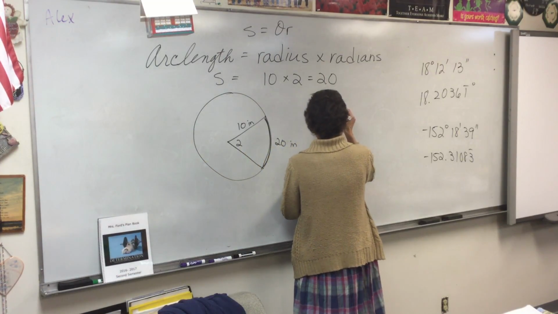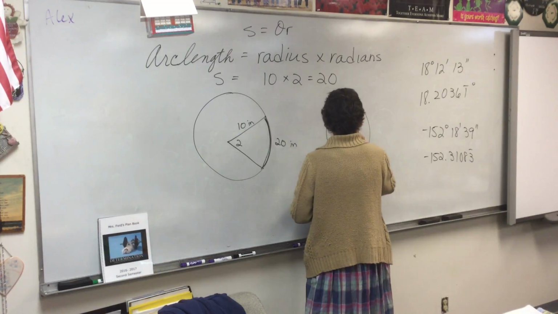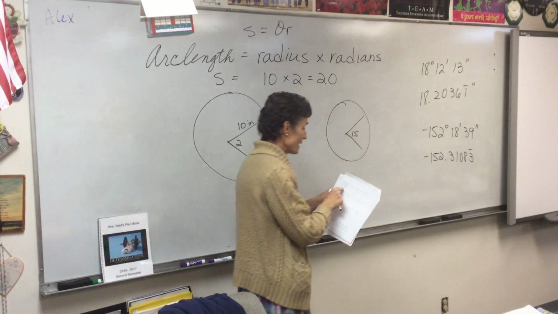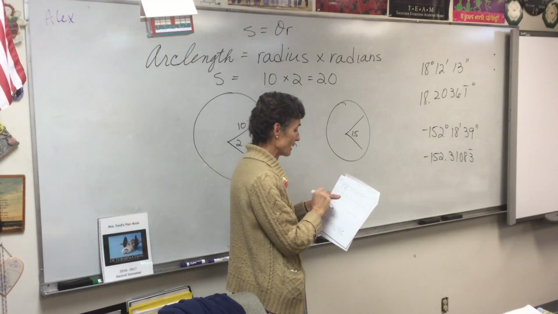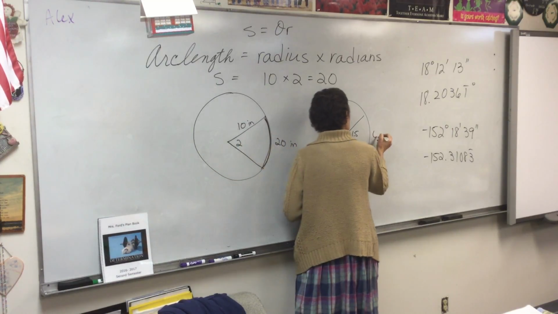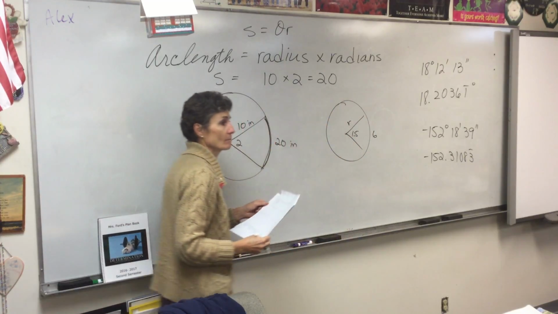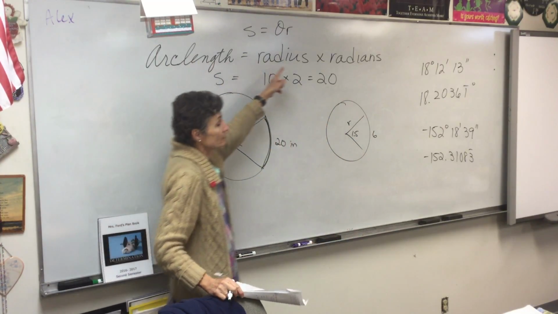B says theta is 1.5. Theta is the angle. Look at my diagram there. Theta is the central angle. The arc length is 6, and we want to find the radius. Here's our formula.